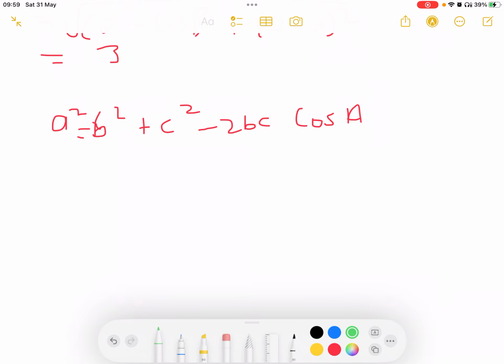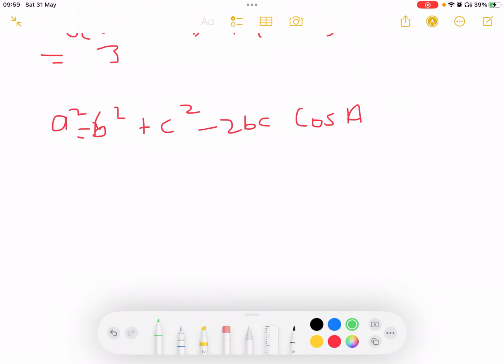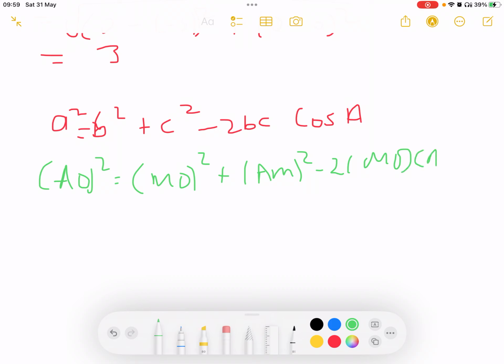So side A, it's AO squared equals MO squared plus AM squared minus 2 times MO multiplied by AM cos of angle M.